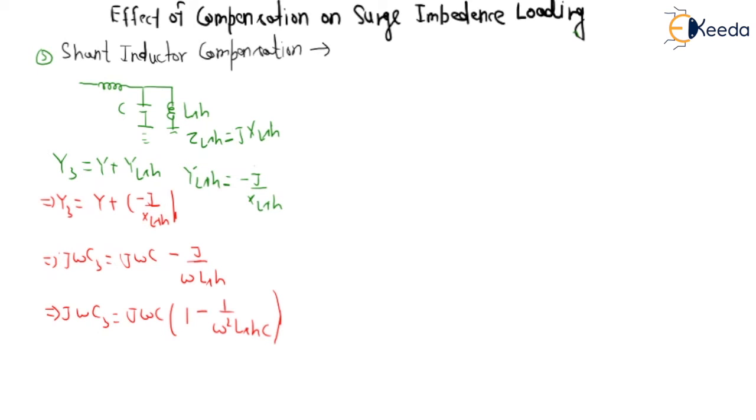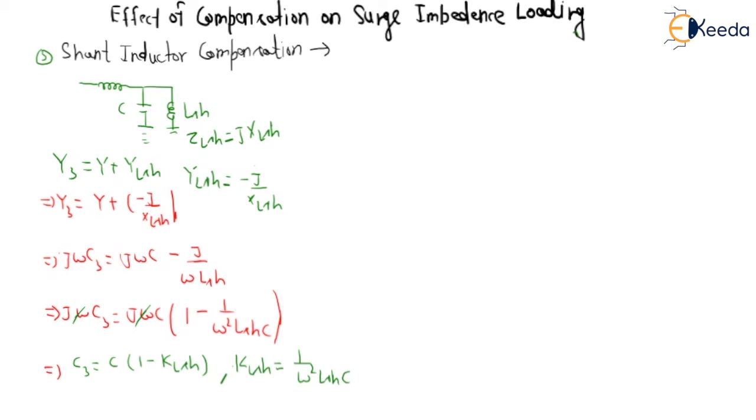So we can write, jω cancels out, and C3 will be equal to C1 minus KLSH, where the KLSH value will be equal to 1 upon ω² LSH C. So this is the value of C3. Now we are going to put the value of C3.